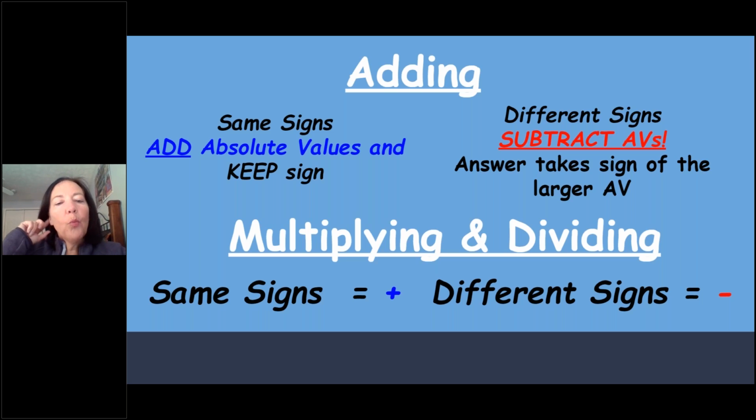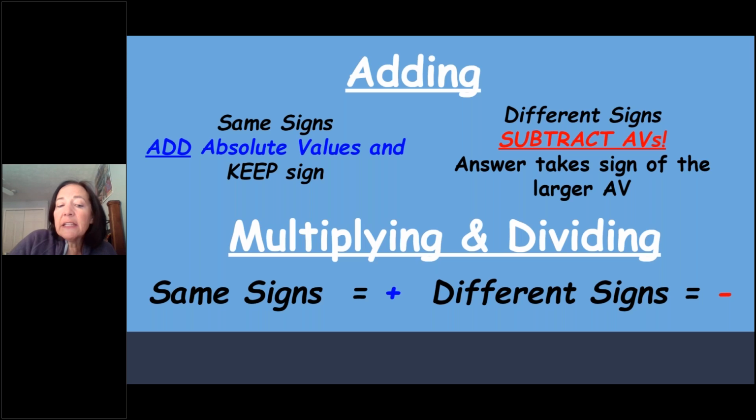Now, when we are multiplying and dividing, the rules change, and they almost seem kind of contradictory. If the signs are the same, the answer has to be positive, and we just do our regular multiplying. So if we have a positive times a positive, the answer is going to be a positive.